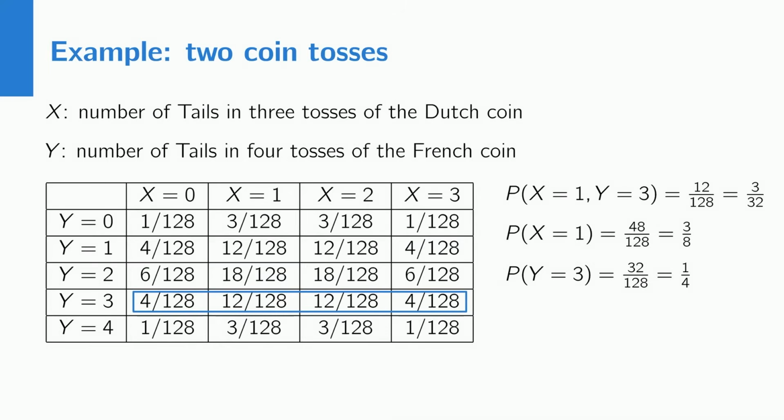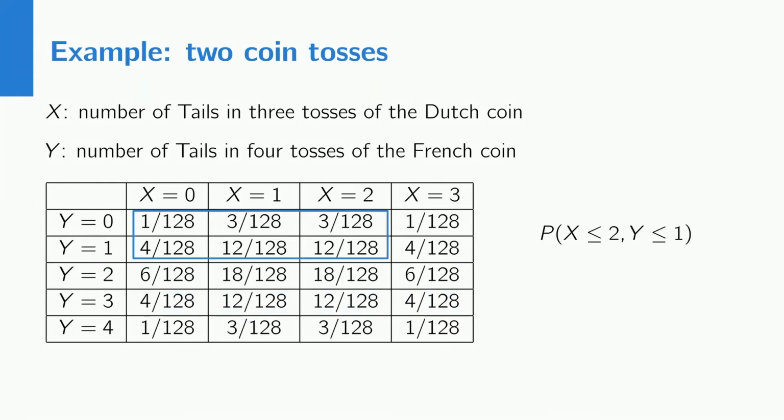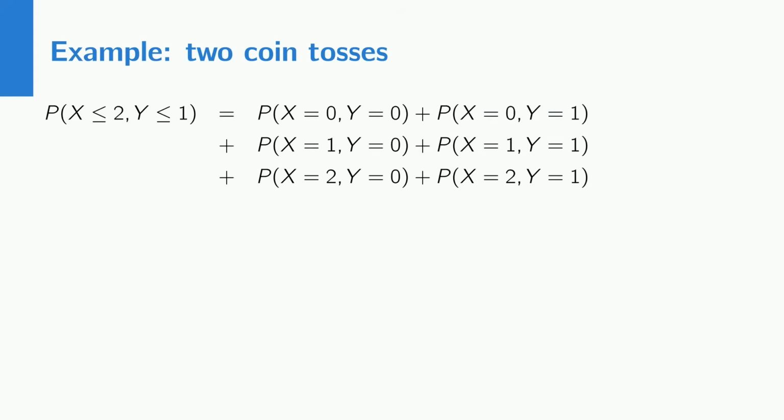To see that this probability also factorizes when we talk about inequalities, let's take a look at the probability that X is less than or equal to 2 and Y is less than or equal to 1. That corresponds to the highlighted region in our table. The probability for this to happen can be calculated by taking the sum of all probabilities in this region. So the probability is the sum of these 6 probabilities.